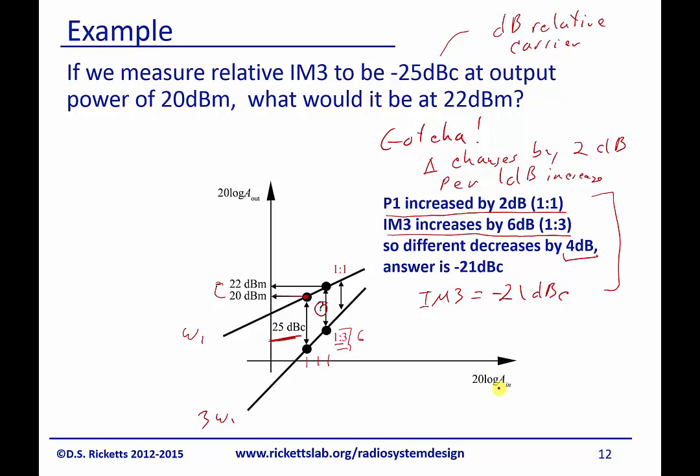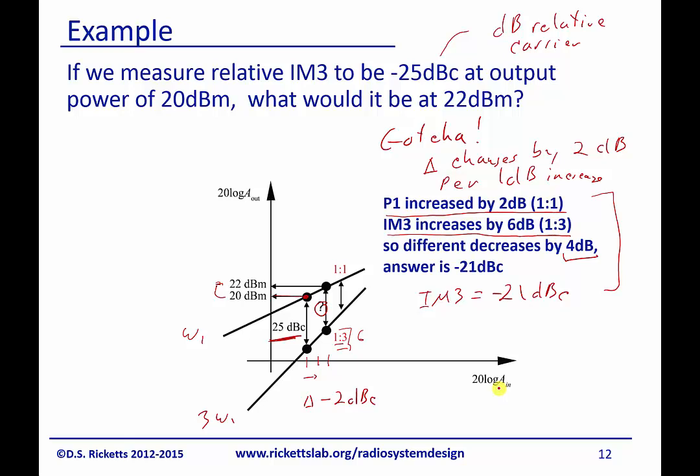Okay? So that means if I go up 1 dB, the delta reduces by minus 2 dBc in this case, right? So right, we go up by 2, we end up with a 4 decrease.